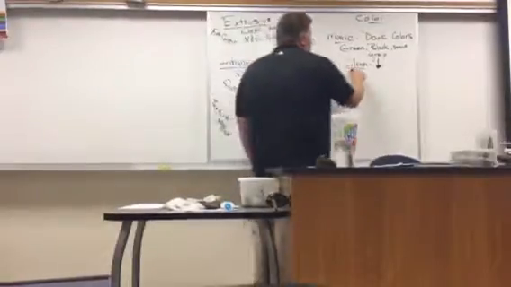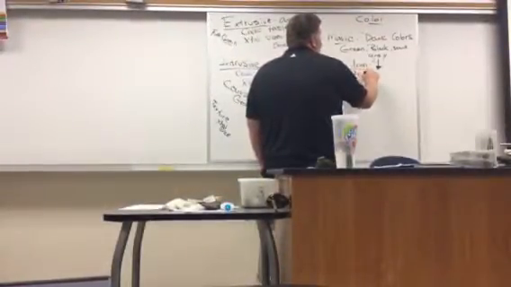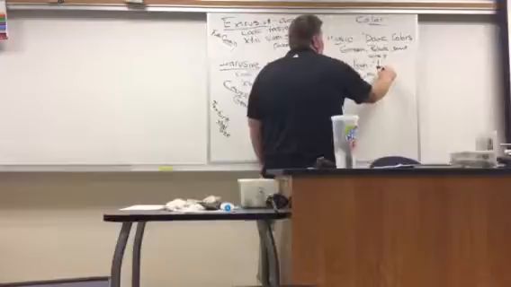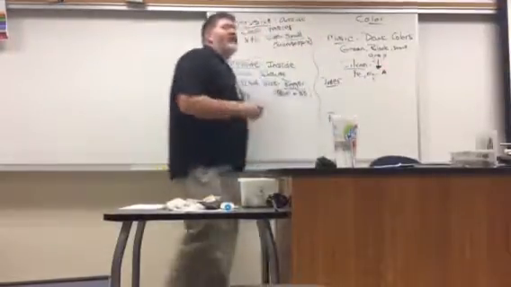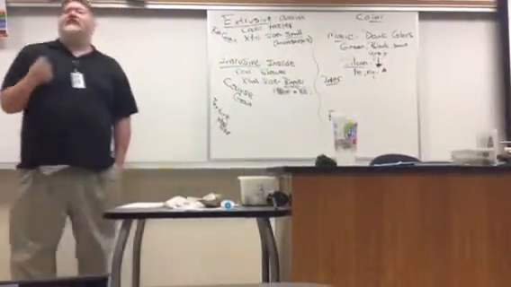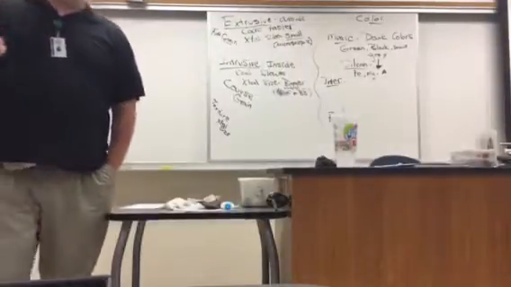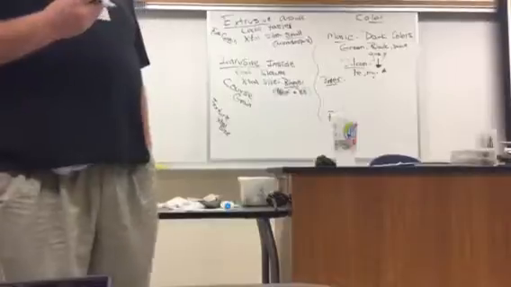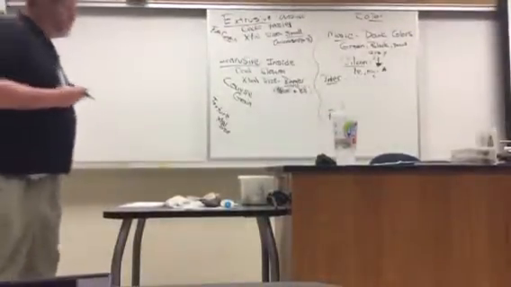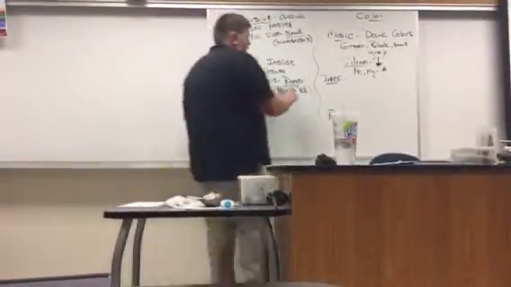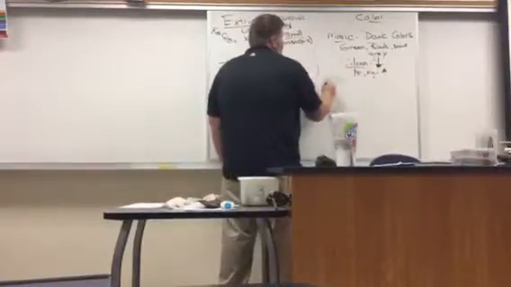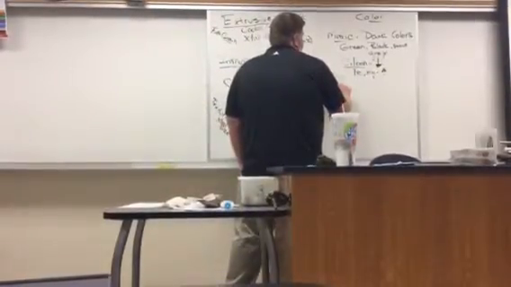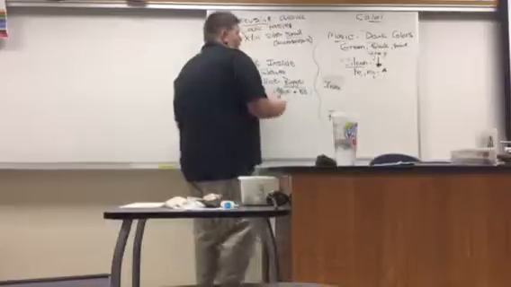Their iron content, iron and magnesium, is high. So if you're going to look at the elements that make up those rocks, their silica content is low, but their iron and magnesium is higher. Makes them dark. So you got dark colors.